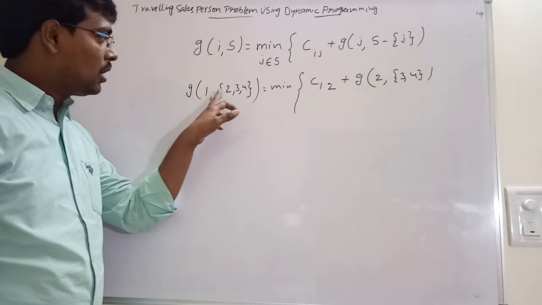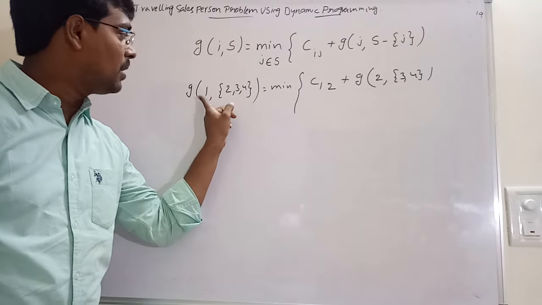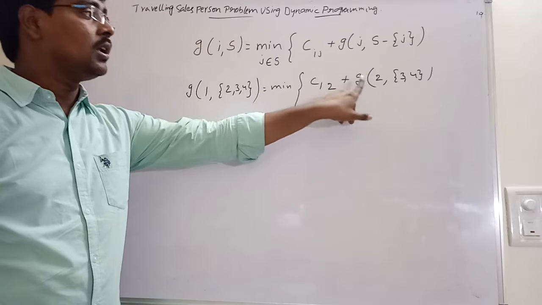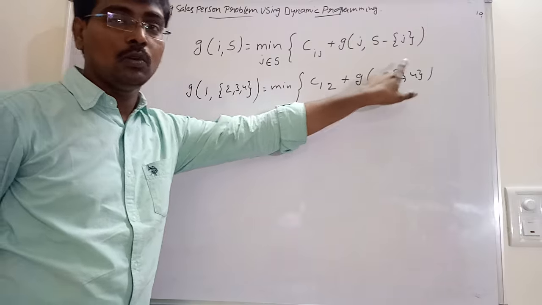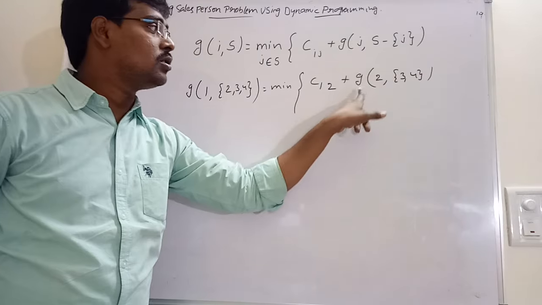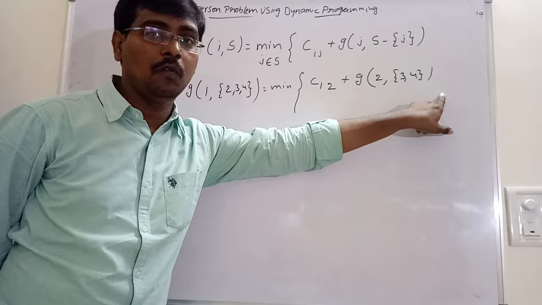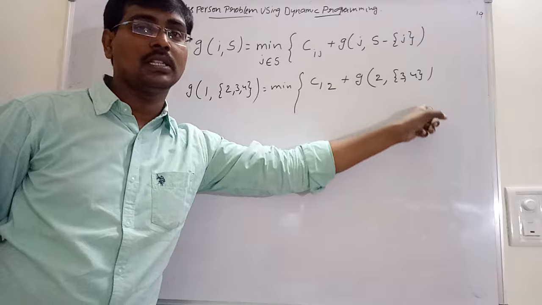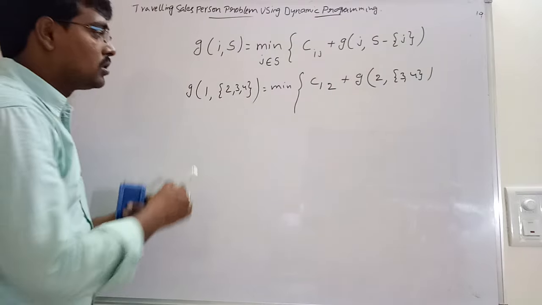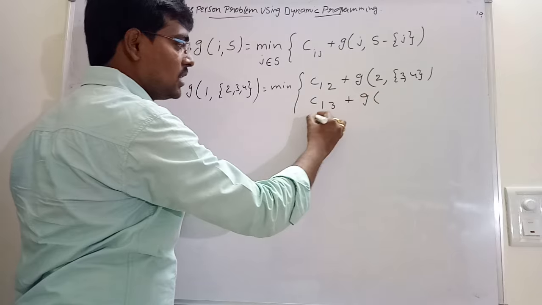From 1 we have to move to either 2, 3 or 4. Suppose the first step is moving from 1 to 2. Now from 2 we have two possible cases, 3 and 4. Again this is divided: C23 plus g(3,{4}), or C24 plus g(4,{3}). Similarly we consider C13 and C14.